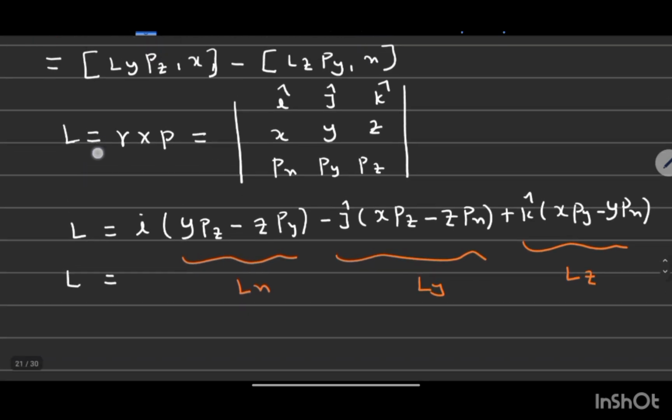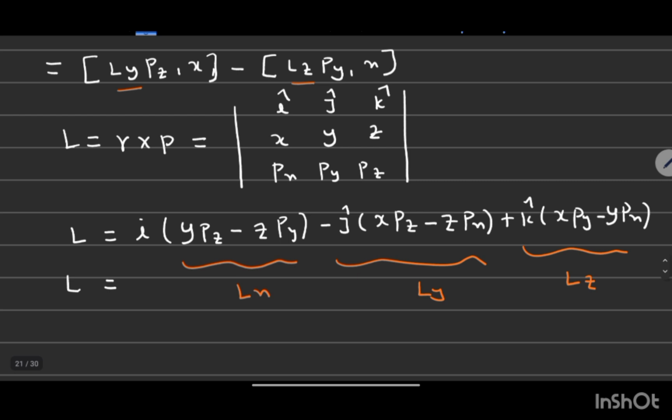So we need Ly and Lz. What is your Ly? If you include this minus here, you get Ly equals Z Px minus X Pz, and Lz will be X Py minus Y Px.